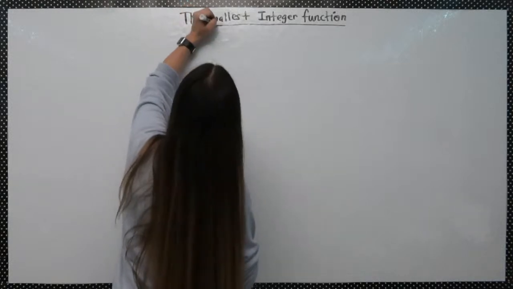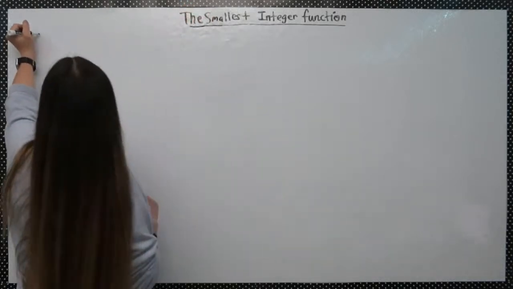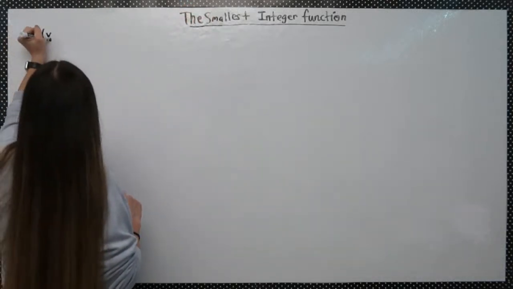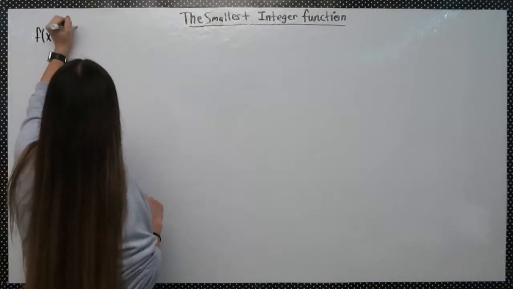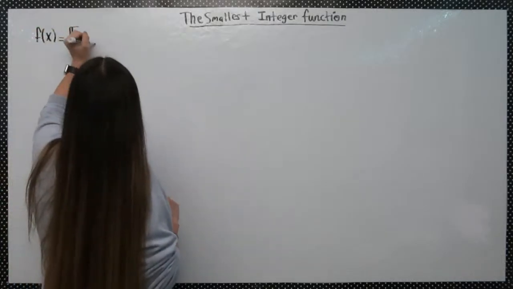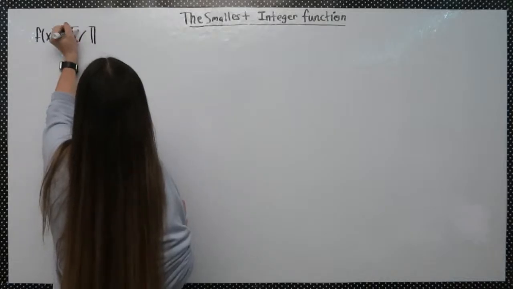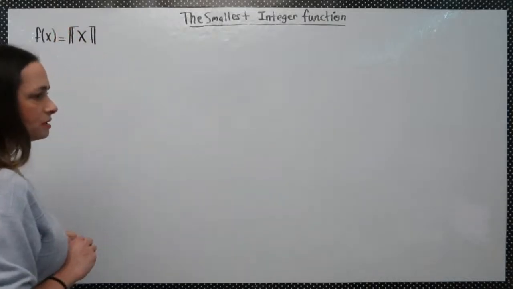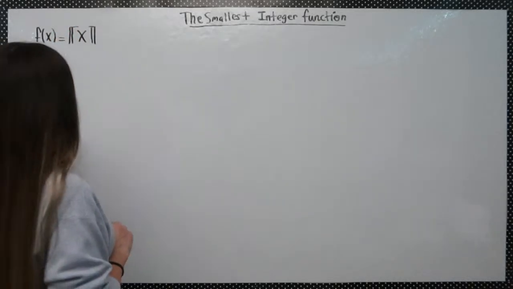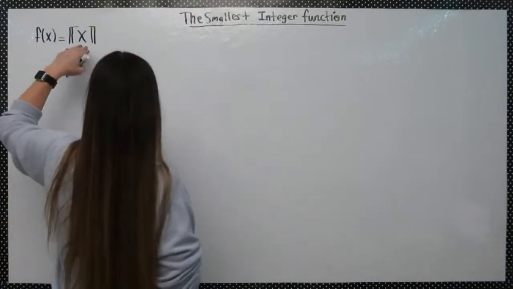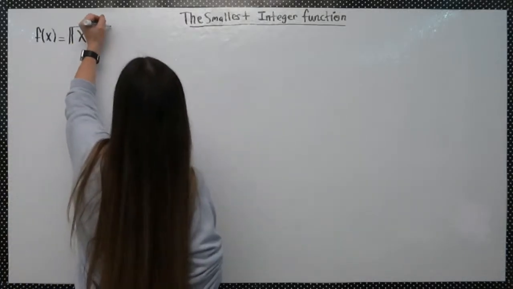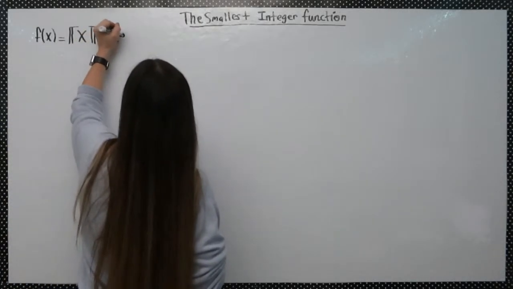Okay, so what are we looking at here? So we have f of x equals, signifying we've got a cap here. We've got the floor, like the floor function, except for notice the difference. This is the ceiling function.